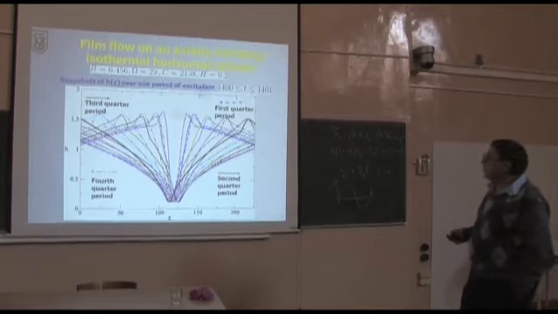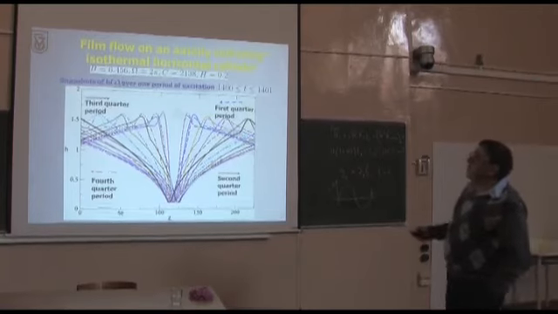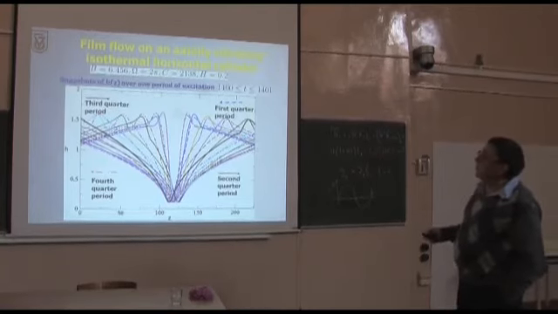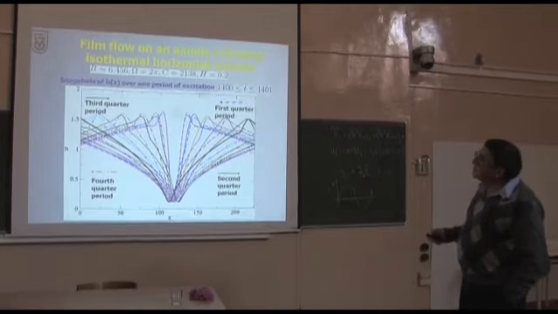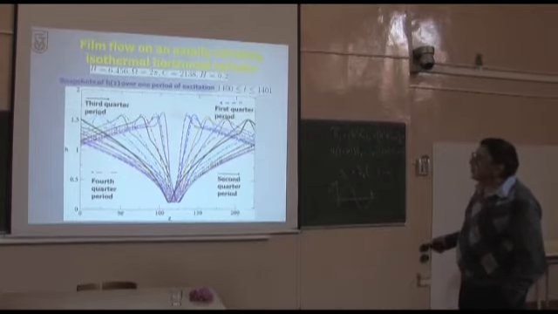Now, solid curves are for the second quarter period. What you see is they go in this direction, exactly like this guy. And then for the third quarter of a period, they are still solid, so they go in this direction. And then finally, they go with this type of notation, so they go to the left.